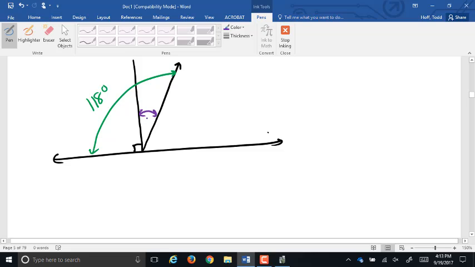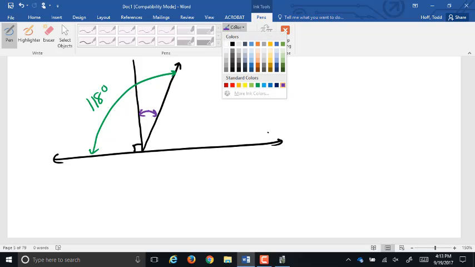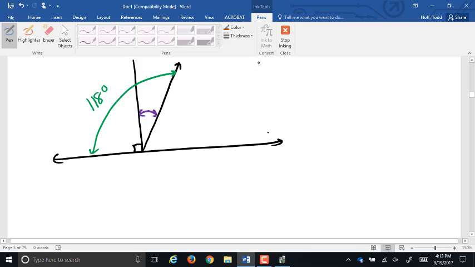How would we find that angle right there, the purple? Well, this is just adjacent angles. It's just not obvious. If I had labeled this angle like this, it'd be a little more obvious, wouldn't it?